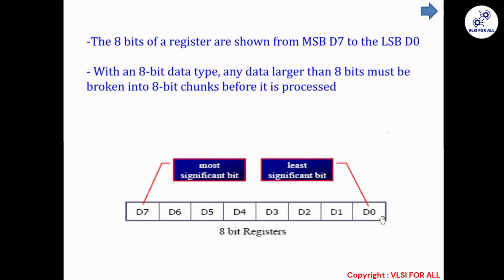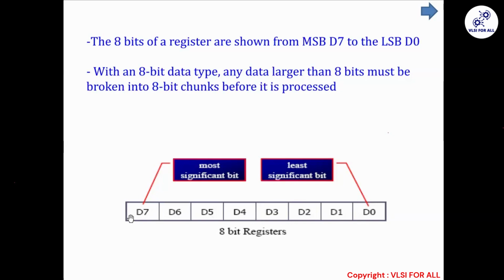On the right hand side, the bit is called the least significant bit, whereas on the left hand side, it is called the most significant bit. Now imagine the bits present here are 1, 0, 0, 0, 1, 0, 0, 1.